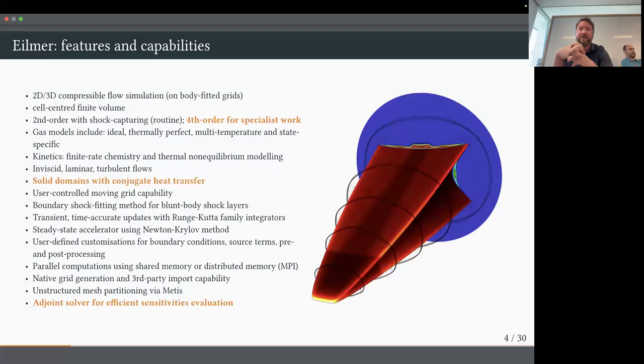So I picked out a few things in orange that will have images on the following slides. And that's why they're shown there. The one right here is that coupling of fluid to solid. So in this picture here, we have the BOLT flight article, and we've actually simulated a portion of its trajectory, and Elma has solved for both the fluid and the solid domain in this.